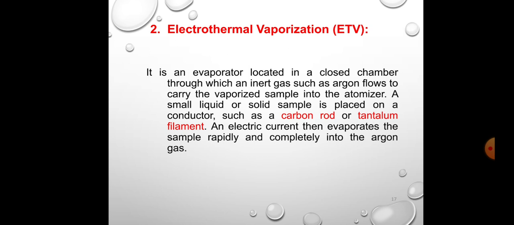A small liquid or solid sample is placed on a conductor such as carbon rod or tantalum filament. An electric current then evaporates the sample rapidly and completely into the argon gas.